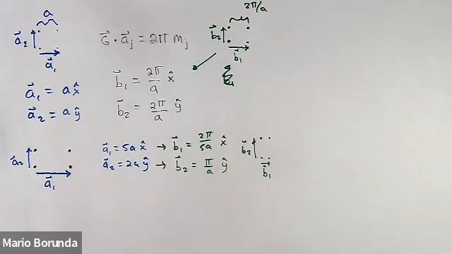No, here B1 is smaller, right? Because this is 2/5 and this is 1. Yeah. So this one is smaller because this one was bigger. So if I have a real space lattice that is a square, I get a square reciprocal lattice. If I have a rectangular, I get a rectangular reciprocal lattice.